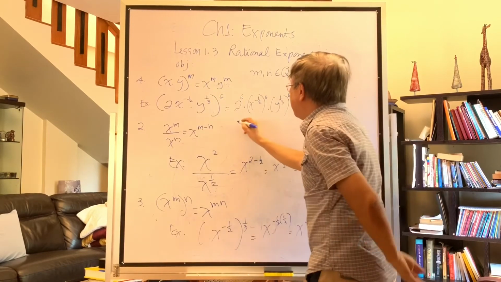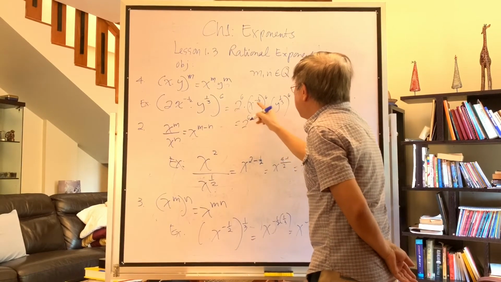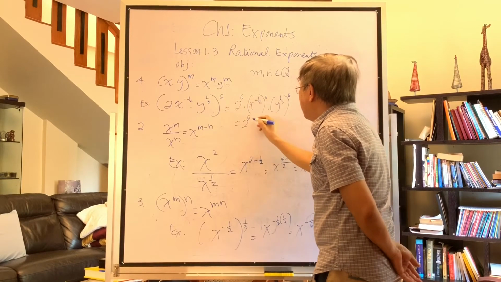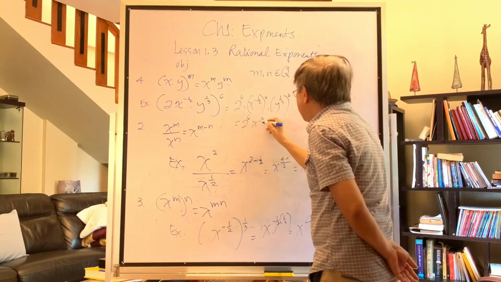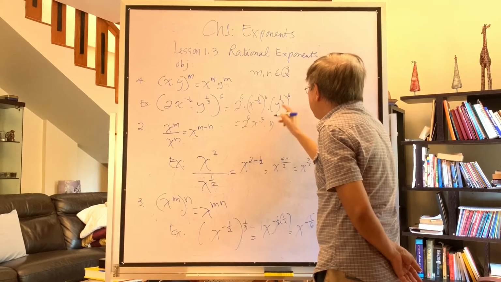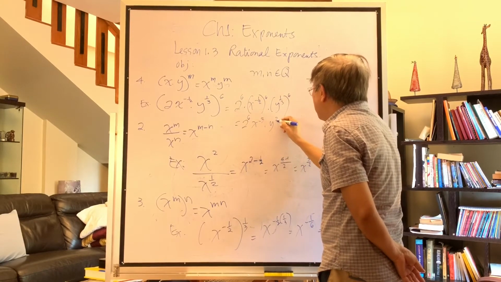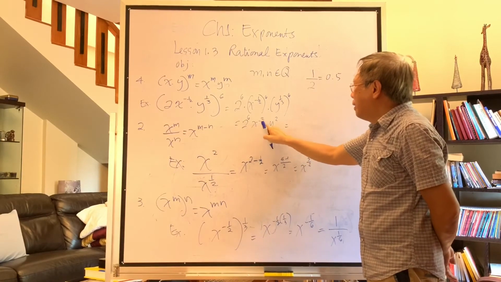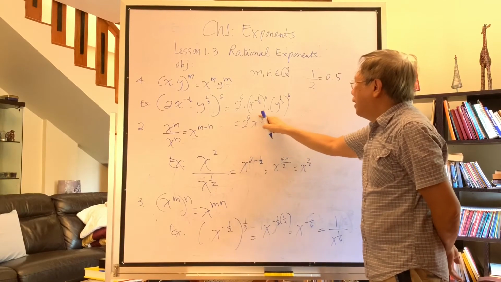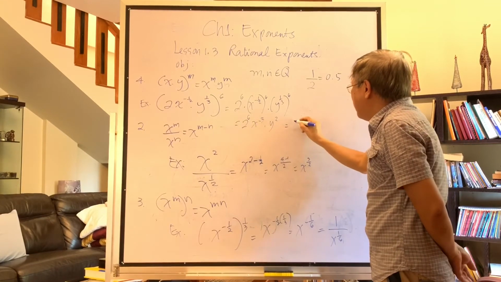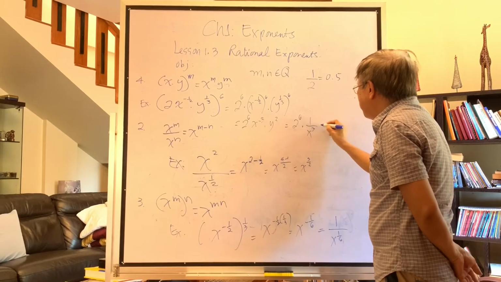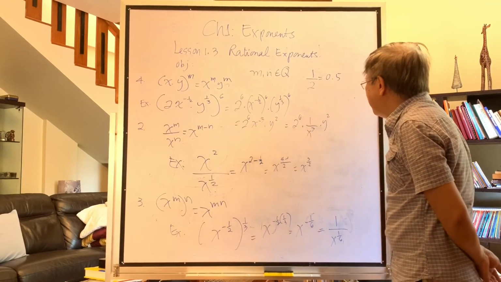Simplifying this, we get 2 to the 6, negative 1/2 and 6. Applying the power of power, we get a negative 3. And this one will be 1/3 times 6 will give me a 2. Again, we have a negative exponent, so we apply the definition of a negative exponent here, and we actually have 2 to the 6 times 1 over x cubed times y squared.